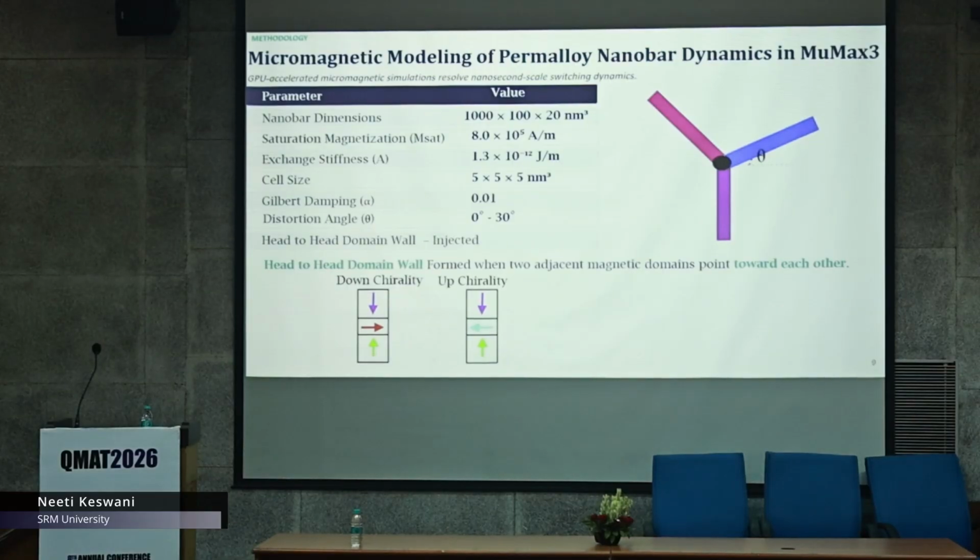If you rotate your system like this, the central red one would point down, so that would be down chirality, and this is the domain wall with up chirality. If you rotate this clockwise, you will see that the center one is pointing up. This is how I am defining up chirality and down chirality.